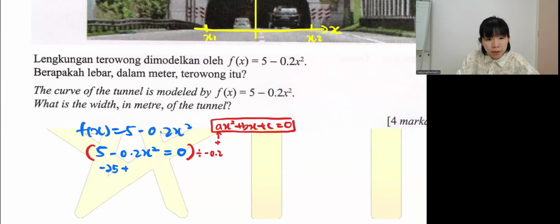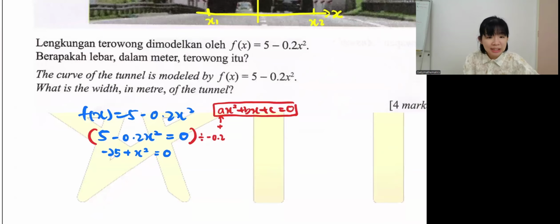Then positive 1 x squared equals 0 divided by negative 0.2, so it's still 0. Arrange in general form, so put x squared first: x squared minus 25 equal 0.